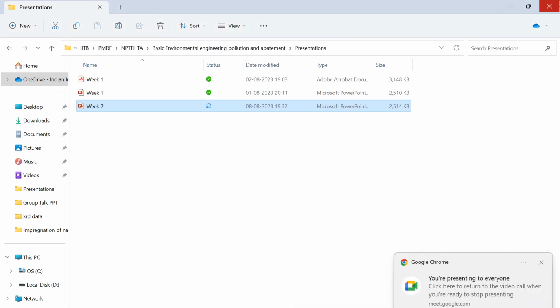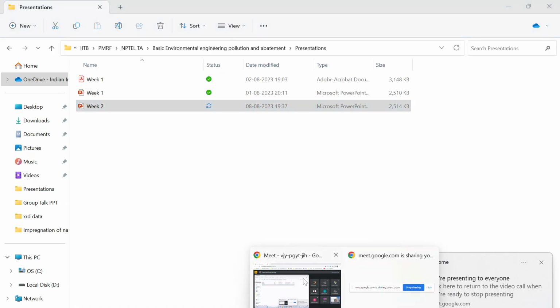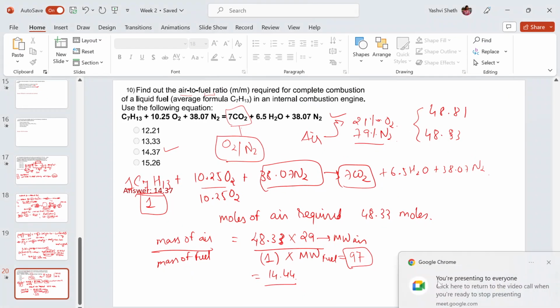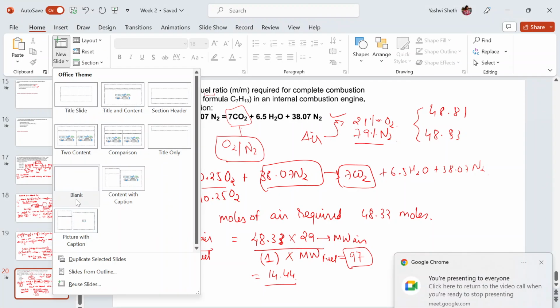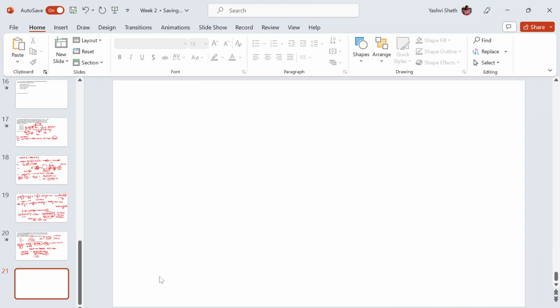Let me calculate the question in this manner. Let's calculate that. I had calculated and got the answer 14.28, but there was no option like 14.28. Near about there was an option, but not exactly 14.28.